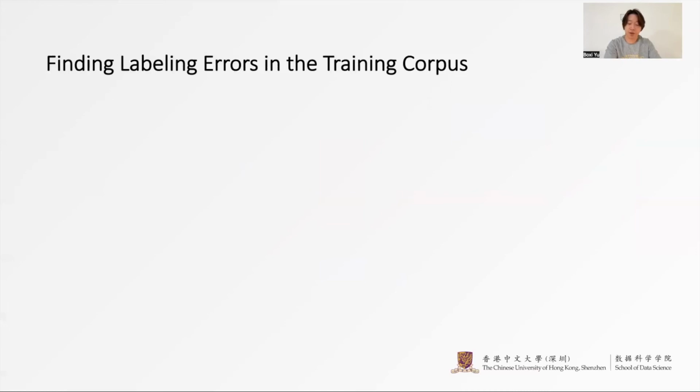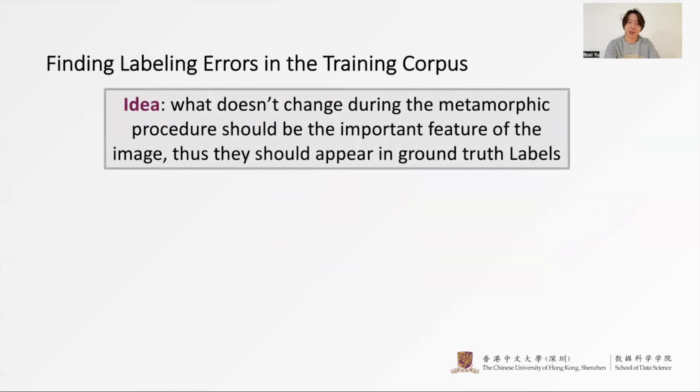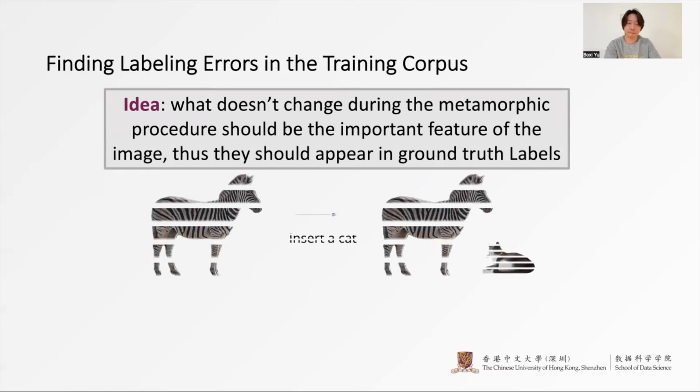MetaIC can even be adopted to find labeling errors in the training corpus. The core idea is that what doesn't change during the metamorphic procedure should be the important feature of the image. Thus, it should appear in the ground truth labels.